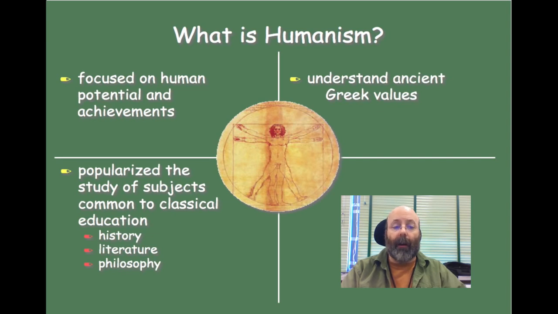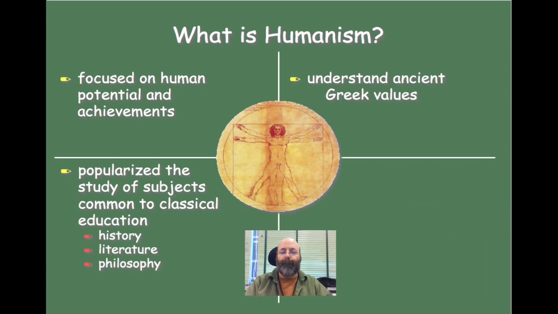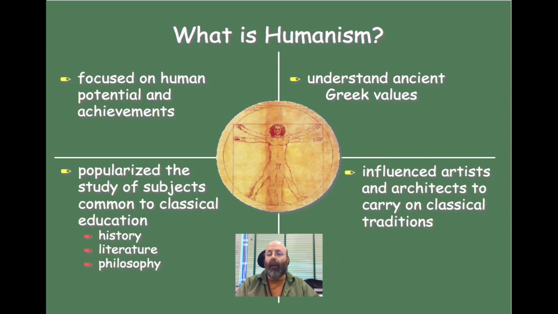So people studied history, literature, philosophy. These are all the aspects of humanism that people still sort of participate in even in our modern day world. And then it also influenced artists and architects to carry on those classical traditions. So many of the artists that we'll look at, like Michelangelo and Leonardo and Brunelleschi, are inspired by the classical tradition. And that, again, is a rebirth of the ancient past of both Greece and Rome.